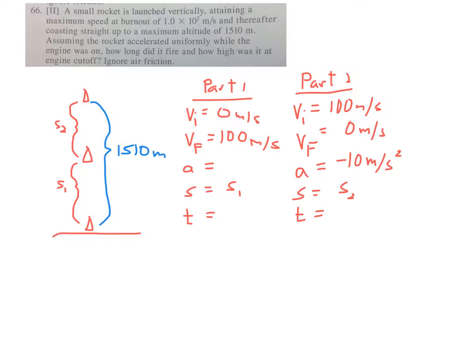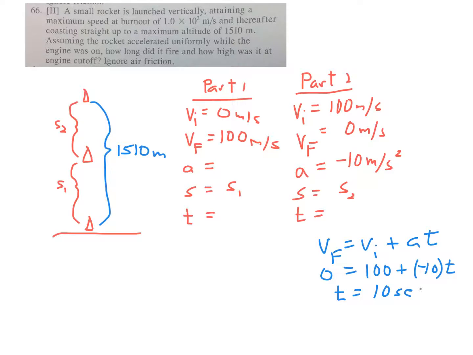If you want to write it down officially, you could use the first equation: V sub F equals V sub I plus AT, V sub F being 0, V sub I being 100, plus negative 10 times T, so T would be 10 seconds.